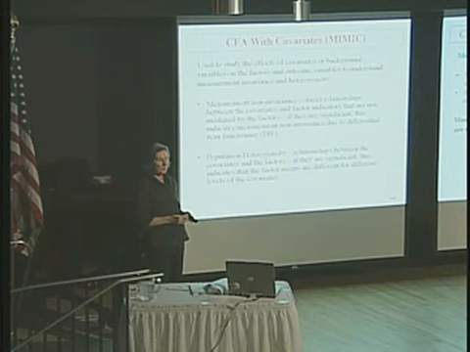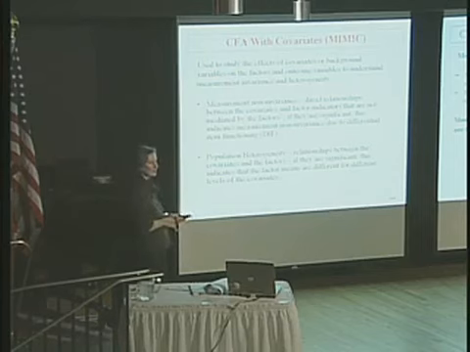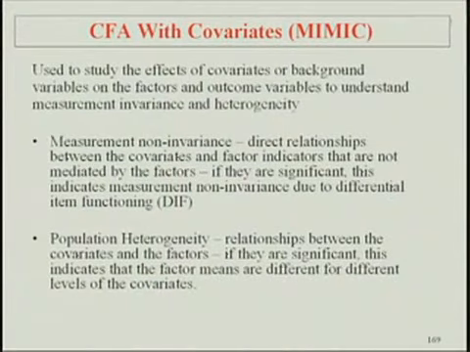So it's very important that we look at these measurement parameters and establish that they are the same for whichever groups we consider to be important, males and females or different ethnicities, whatever it might be. So measurement non-invariance has to do with the direct relationships, like Bengt showed you, the direct effect between x and y, between the covariates, the exogenous observed variables, and the factor indicators that are not mediated by the factors.